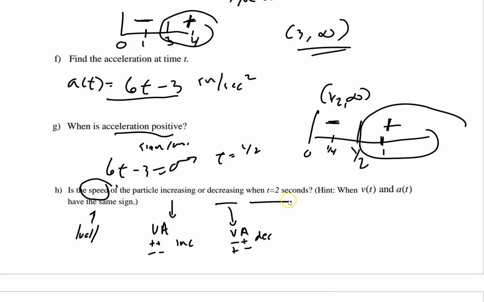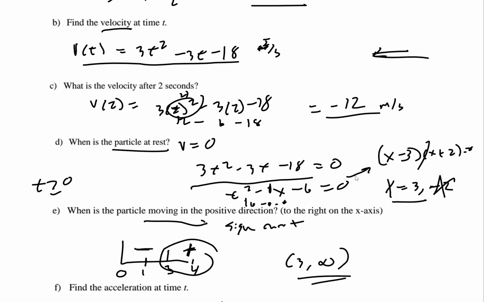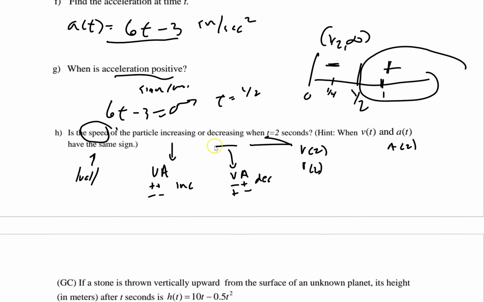One easy way to do this is to plug 2 into both velocity and acceleration. If you get the same sign, it's increasing. If you get different signs, then it's decreasing. So let's try velocity of 2. My formula up there is 3t squared minus 3t minus 18.